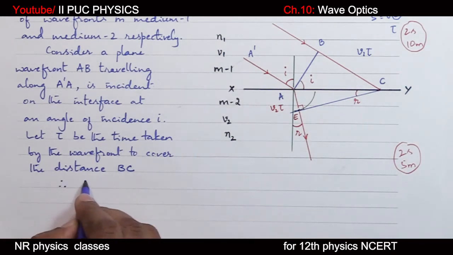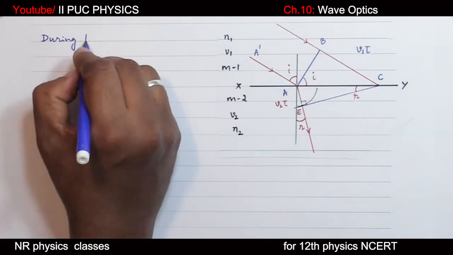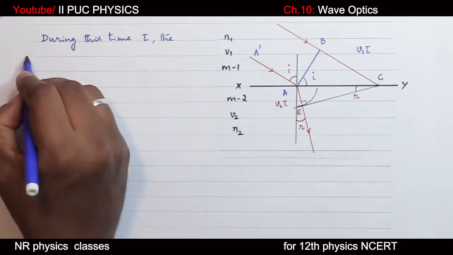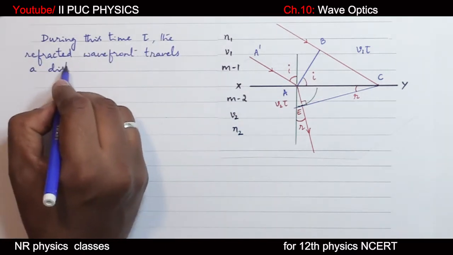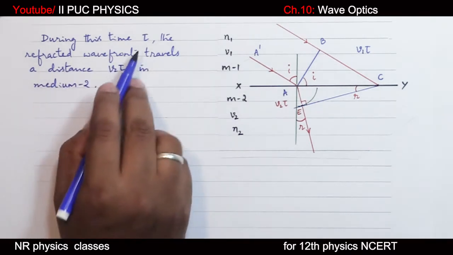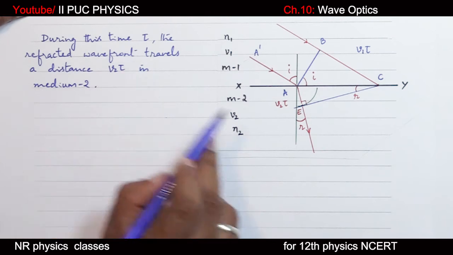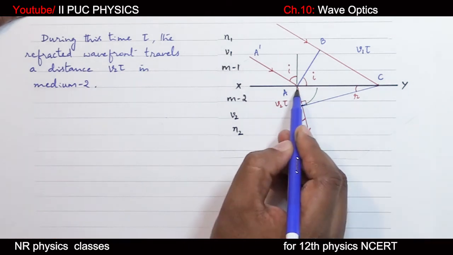Therefore, BC equals V1 times tau. During this time tau, the refracted wavefront travels a distance V2 tau. That is this length.